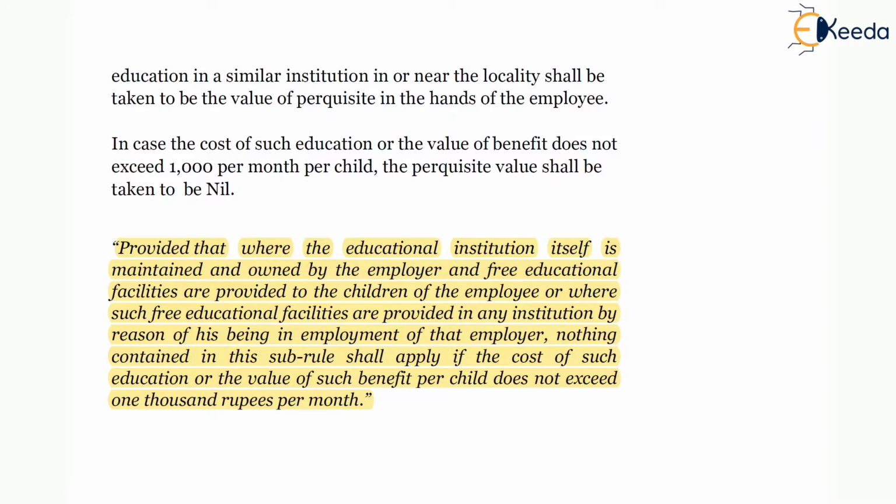It straightforwardly says if the value is less than 1000 per month per child, then nothing is taxable. However, it doesn't mention anything that if the value is higher, then at least a deduction of 1000 per month per child will be available to the employee. It is silent on it.